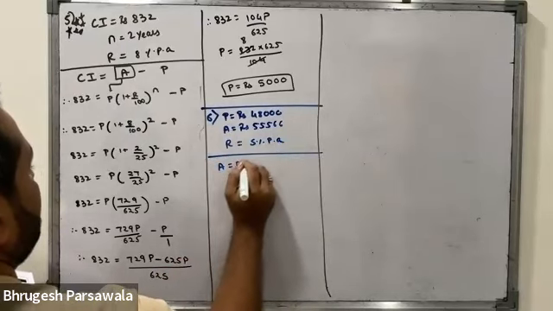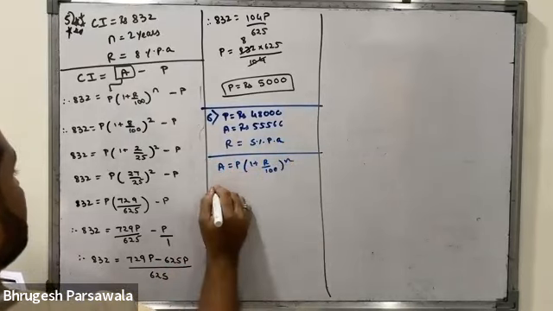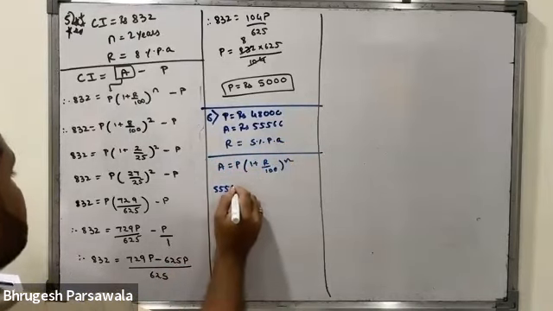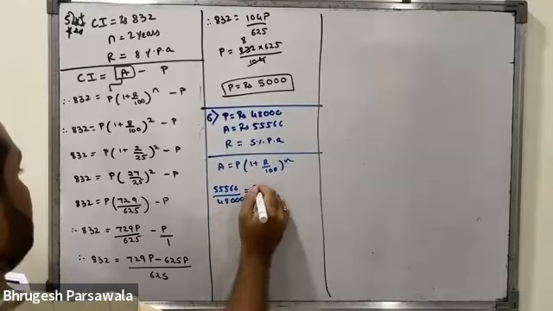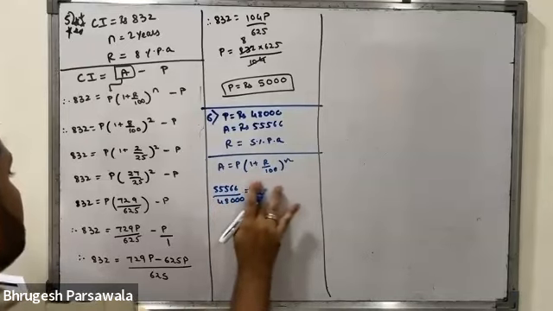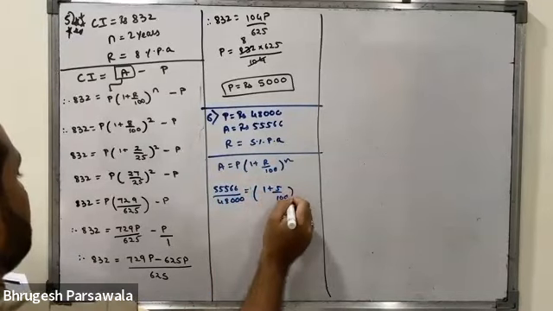A equals P(1 plus R upon 100) raised to n. So 55566 upon 48,000 equals 1 plus 5 upon 100 raised to n.